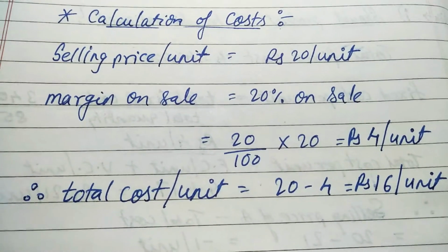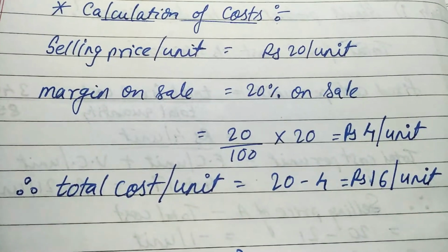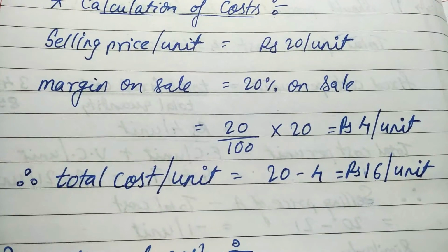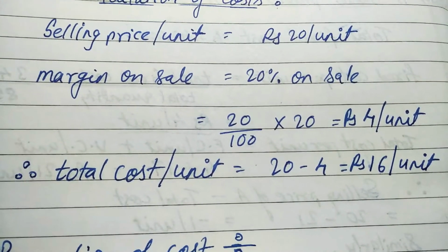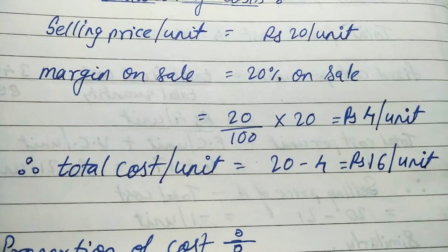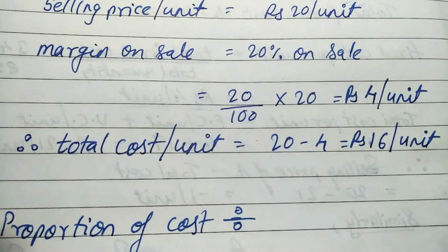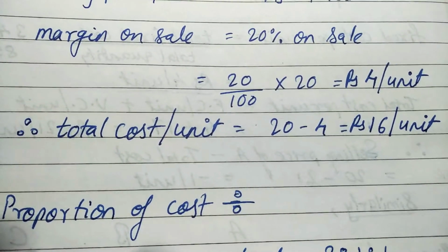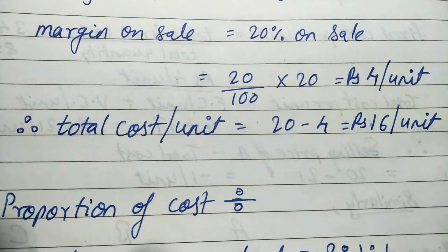What is available with us is the selling price per unit, that is 20 rupees per unit, which is given in the question itself. The second thing available is the margin on sales, that is 20% of sales. Margin is the profit margin. So if we deduct the profit from the selling price, we can get the total cost. That is why first we need to calculate the margin in rupees. So 20% of sales, that is 20% of selling price: 20 upon 100 into 20 rupees, the selling price.